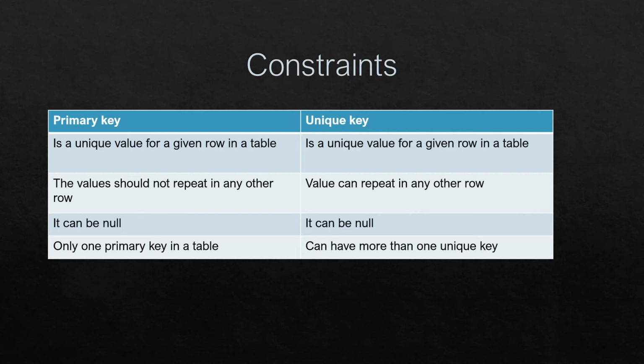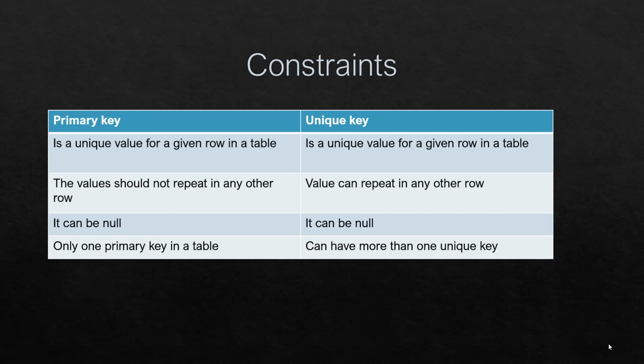When you're creating a table, we have to provide the names of the columns, like student name, roll number, and so on. You can have only one primary key in a table, but you can have any number of unique keys in a table.